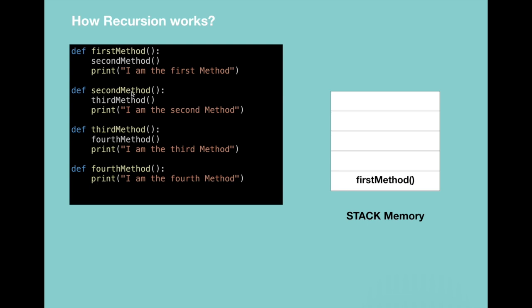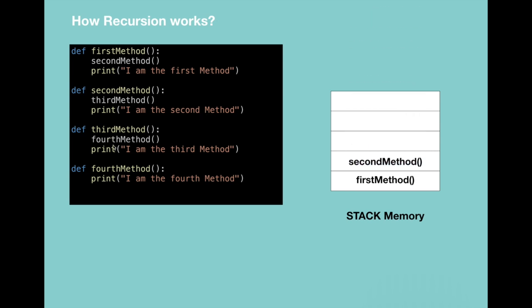Okay, if you look at the second method, we see that this method also calls another method, which is the third method. So the system once again needs to store the second method to come back to execute the print statement after the third method call. This one over here. So the second method will be pushed to the stack as well.